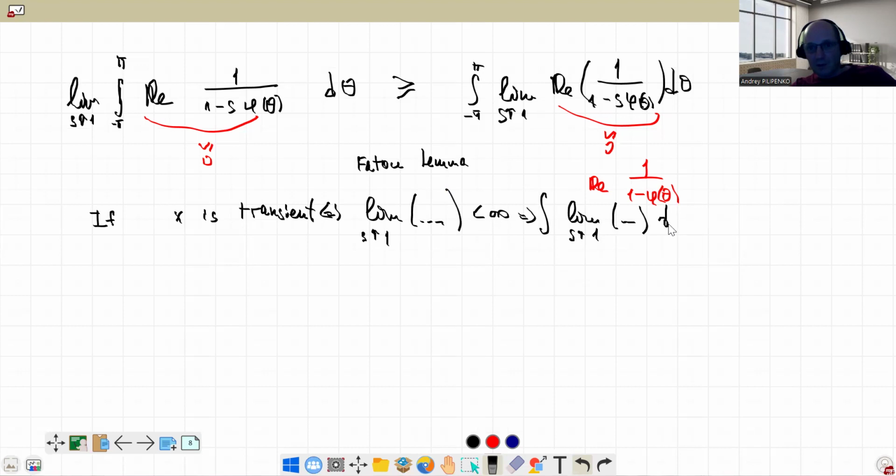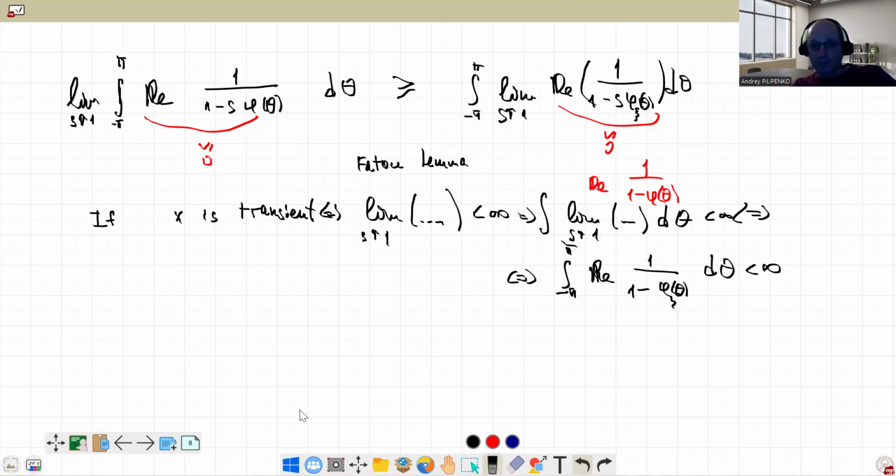The limit is finite. So the integral from minus pi to pi of the real part of 1 minus phi psi of theta d theta is convergent. So if divergent, then recurrent. So we proved one direction.